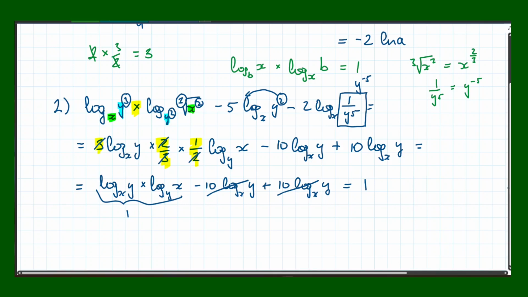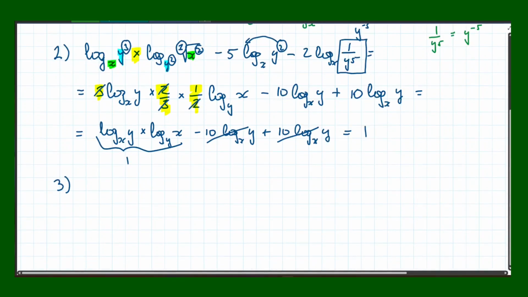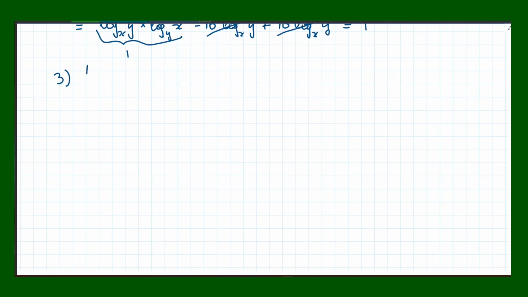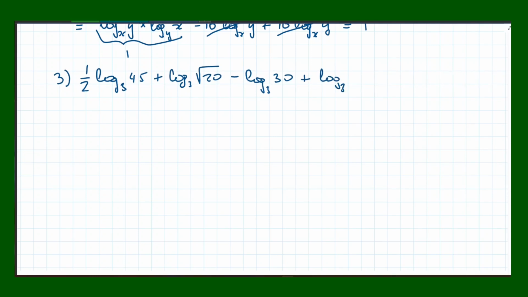Now, after all that feast of calculations, let us move on to question number 3 and, as always, make some more space. Well, this question is going to be 1/2 times log base 3 of 45 plus log base 3 of the square root of 20 minus log base 3 of 30 plus log base 3 of 6 minus log base 3 of 2.